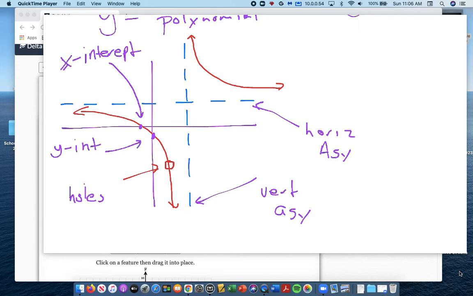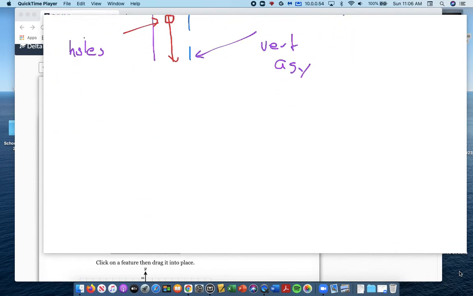Intercept means you're either crossing the x-axis or crossing the y-axis. Remember, this is the y-axis and this is the x-axis. So the x-intercept is where you cross the x-axis, and the y-intercept is where you cross the y-axis. So those are the things that we have. Let me explain how each of those works out.